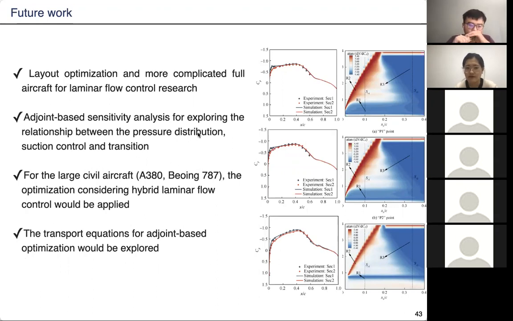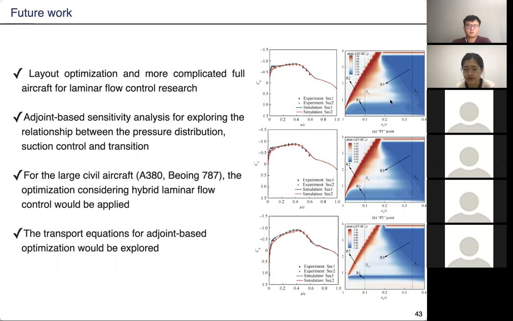Based on the adjoint framework, in the future, I would do the layout optimization for aircraft, which includes the nacelle, fins, and main wings. And then I also would apply the adjoint-based sensitivity analysis to explore the principle between the pressure distribution of the suction control and the laminar to turbulent transition.